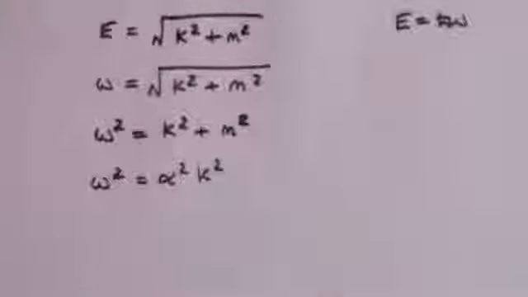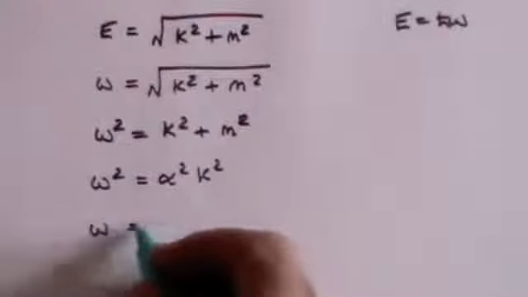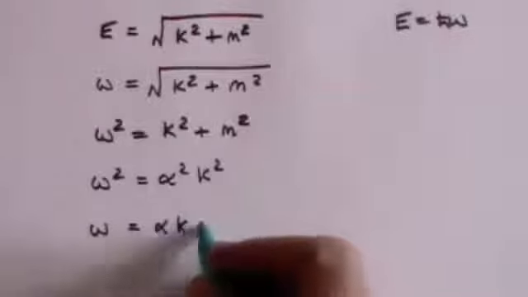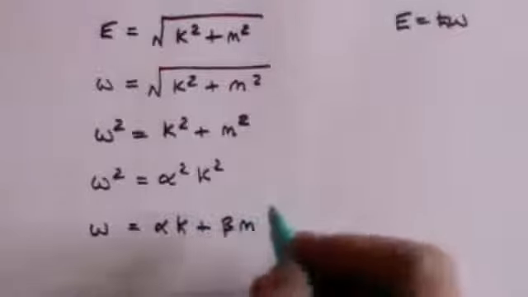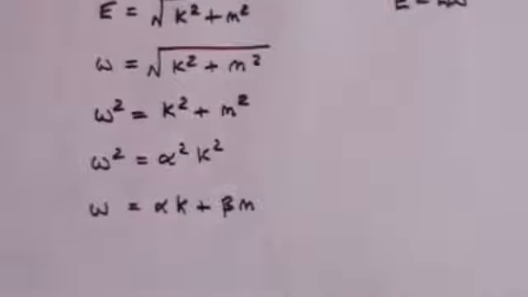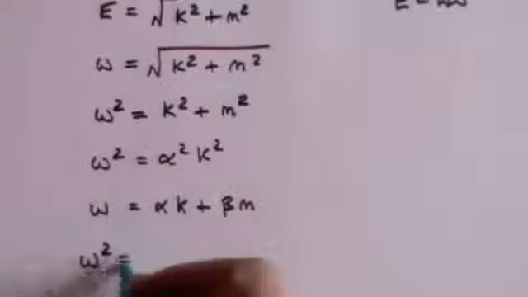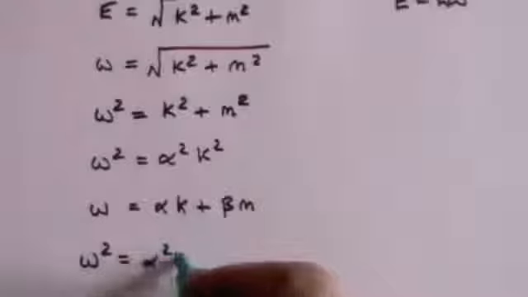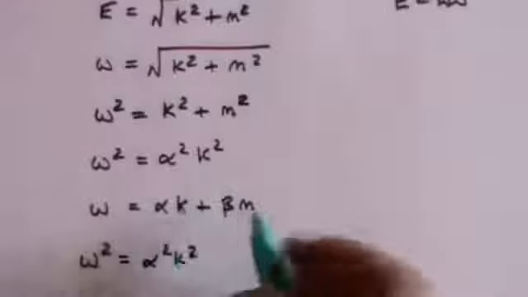So let's try the idea that omega might equal not just alpha k, but alpha k plus beta m, where beta is also a matrix, and m of course is just the mass. Well, if that's the case, if we take omega squared, we're going to get an alpha squared k squared term by squaring that.